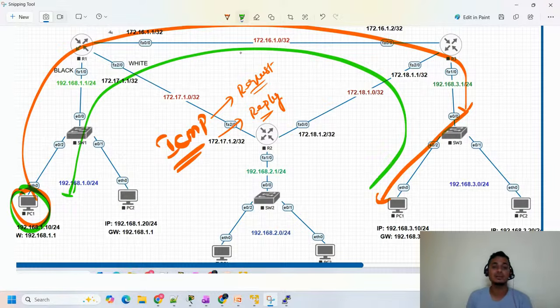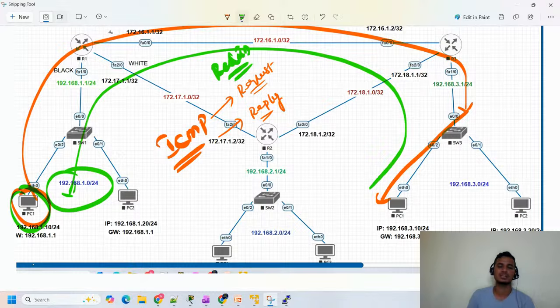Why is it not getting? Because we don't have a return route. We don't have a return route to reach this particular 1.0 network. So once I configure here in router 3 the return route to reach 1.0/24, then you will see the communication is going to happen. So that's how an interviewer is going to ask you, even in interviews, guys. See, I have routers between two different routers, right?